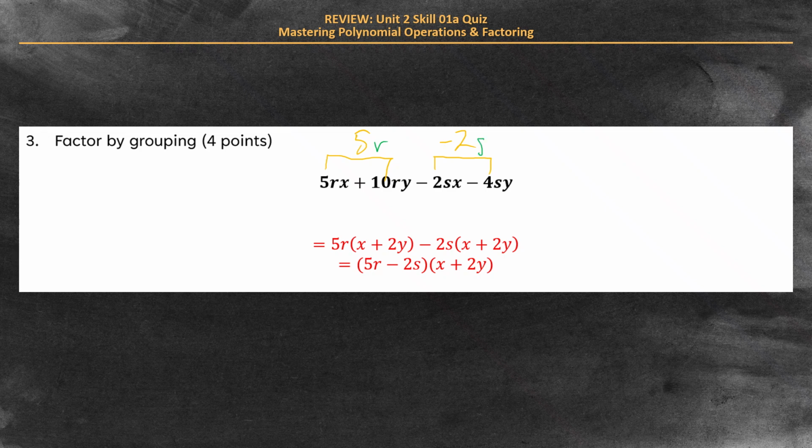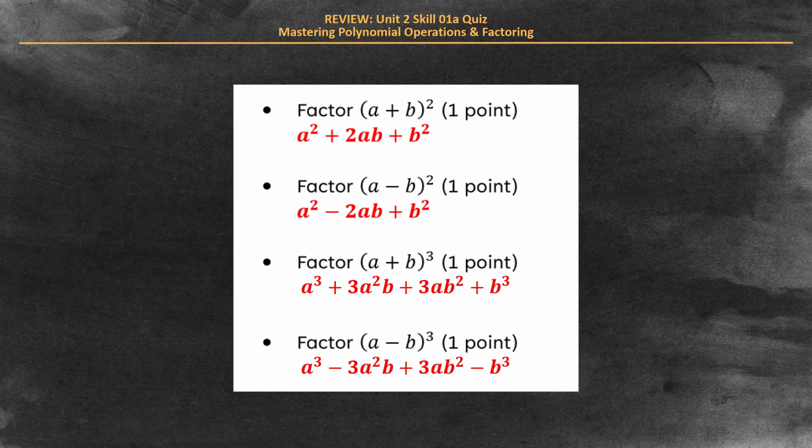So we have 5r, amazing, and negative 2s, amazing. And then we end up with yet another expression, x plus 2y and x plus 2y. So we're going to use the distributive property and take out the x plus 2y and then combine 5r minus 2s. That's the answer.